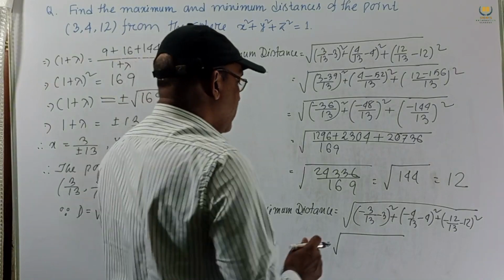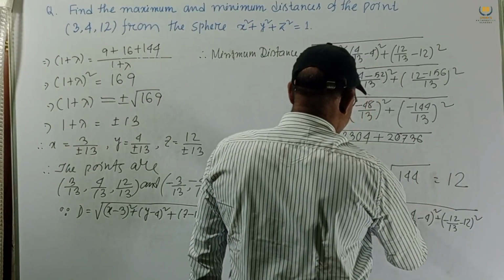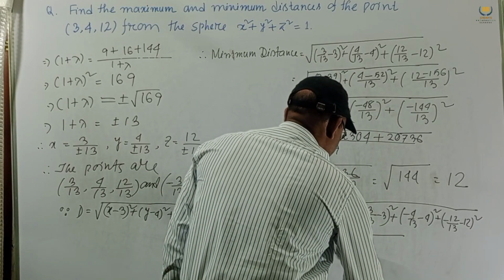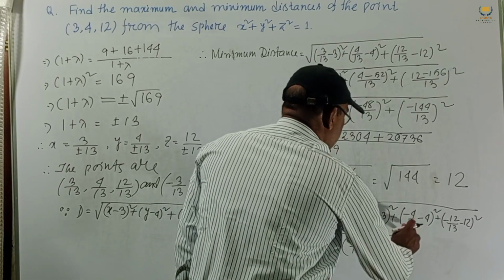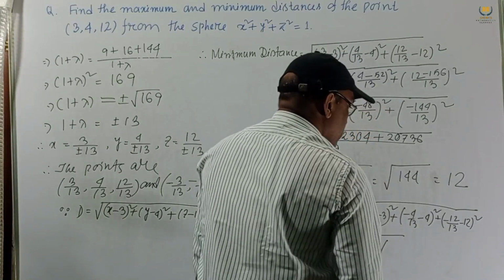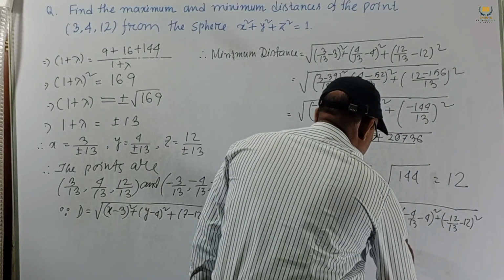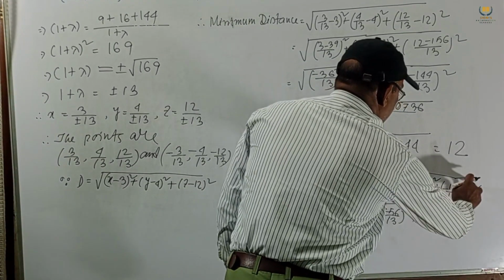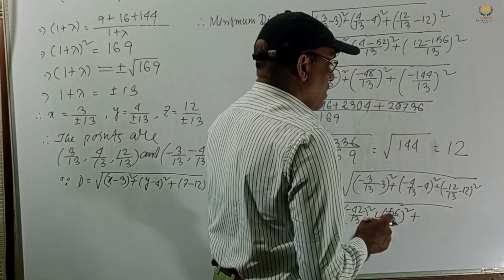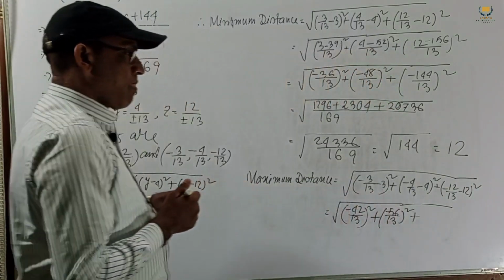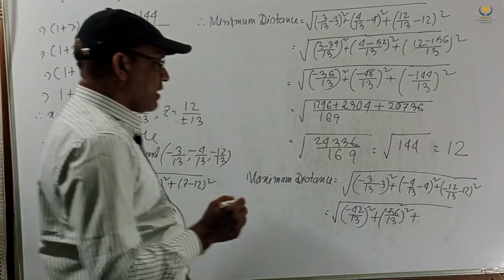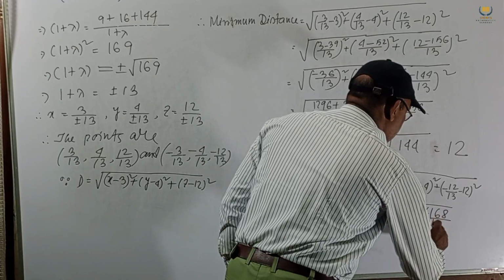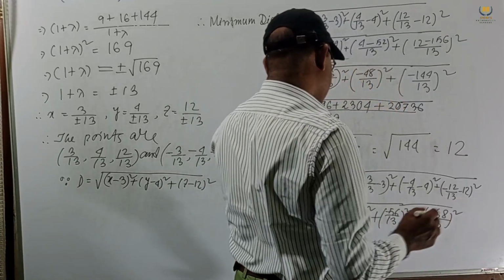If we write directly, this is 39 and 3 is 42, minus 42 by 13 whole square, and this is 52 and 4 is 56, minus 56 by 13 whole square, and then we get 168 minus 168 by 13 whole square.